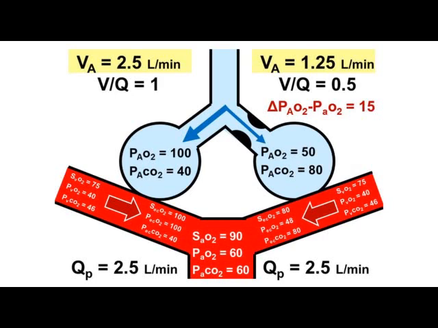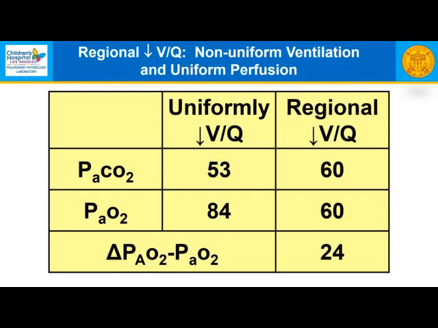Here saturation is 100. Here a PO2 of 48 gives us a saturation of 80. That gives us a mean saturation of 90. And if we look at the oxyhemoglobin association curve, that's a PO2 of 60. Note the AO2 gradient is elevated. When we saw the uniformly decreased VQ, we got a PCO2 of 53 and a PO2 of 84.